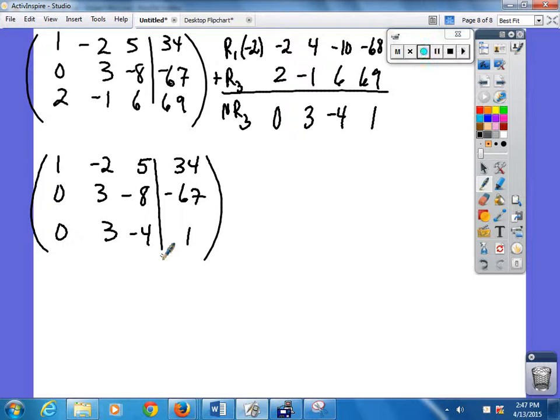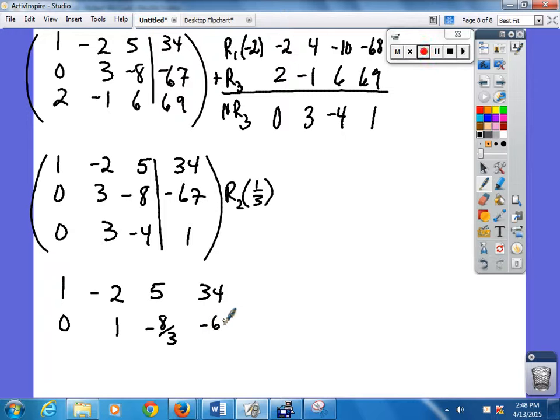I'm going to get a 1 here, so I'm going to divide row 2 by 3, or multiply by 1/3. That'll give me 1, negative 2, 5, 34; 0, 1, negative 8/3, and negative 67/3; and then 0, 3, negative 4, and 1.